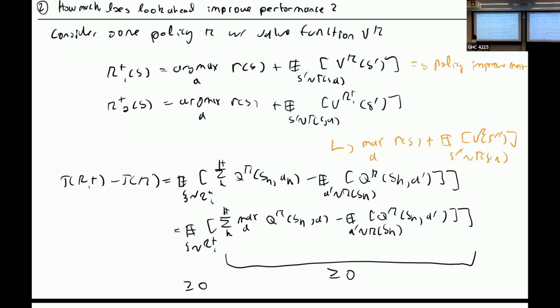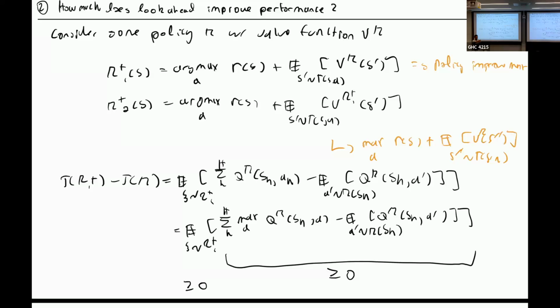So that's true, right? But I think the thing we didn't talk about in the past is exactly how much better you will get, right? And that's what I'm going to go through now. But you should really think of this thing we're doing here, this one step of policy improvement, as doing MPC, but just one step of MPC, right?